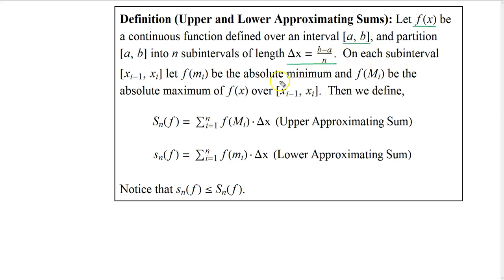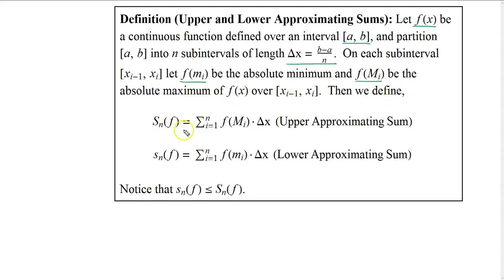On each subinterval, x sub i minus 1 to x sub i, we let f of little m_i be the absolute minimum of the function f over that subinterval, and f of capital M_i be the absolute maximum of f over the subinterval.